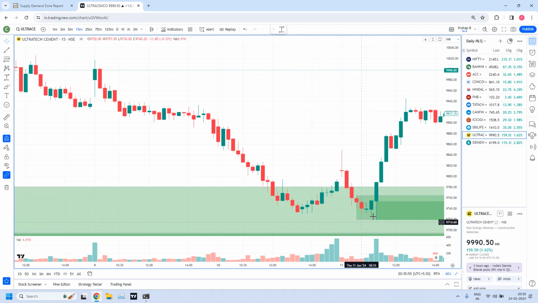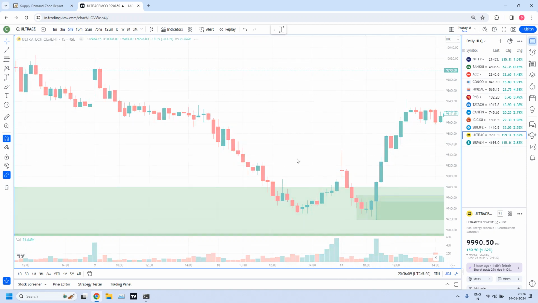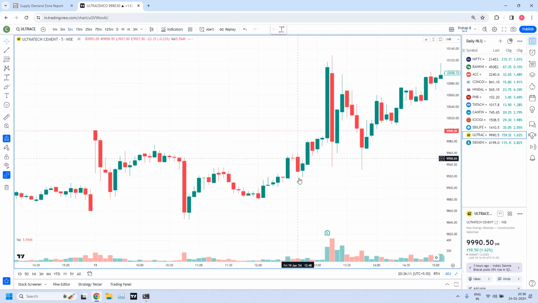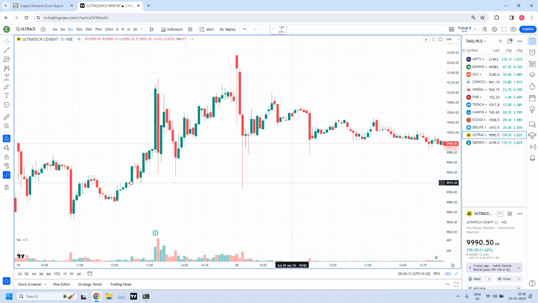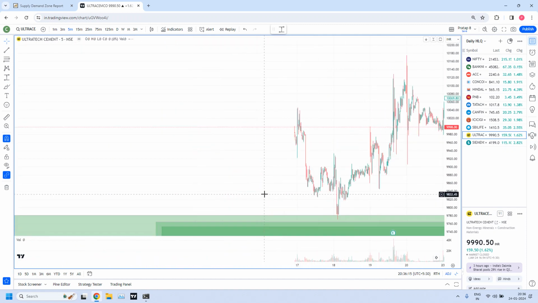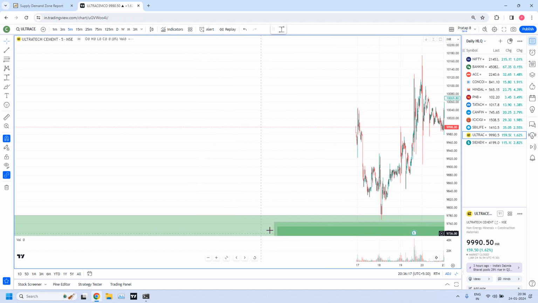This is a 15-minute zone. Inside the 15-minute zone, again we find a 5-minute zone area. Inside the 15, we already drew the 5 minutes. Let us look into that 5-minute zone, the fine-tuned area. Today prices entered into that area. This is the 5-minute zone.